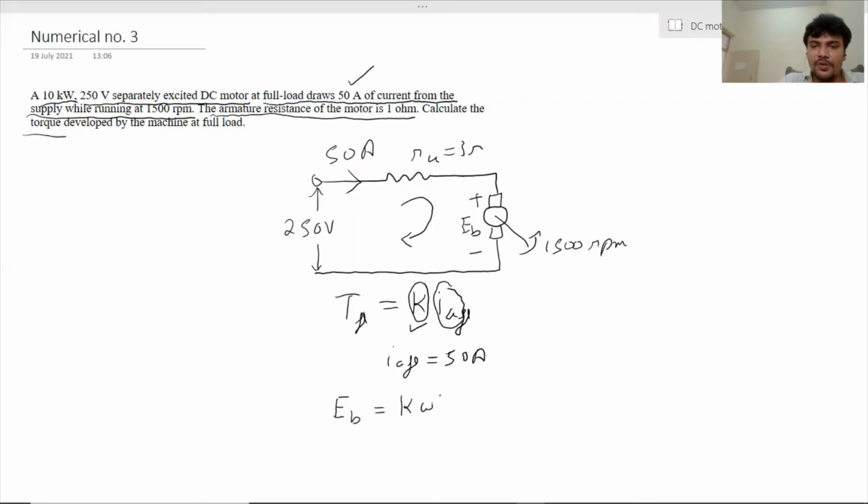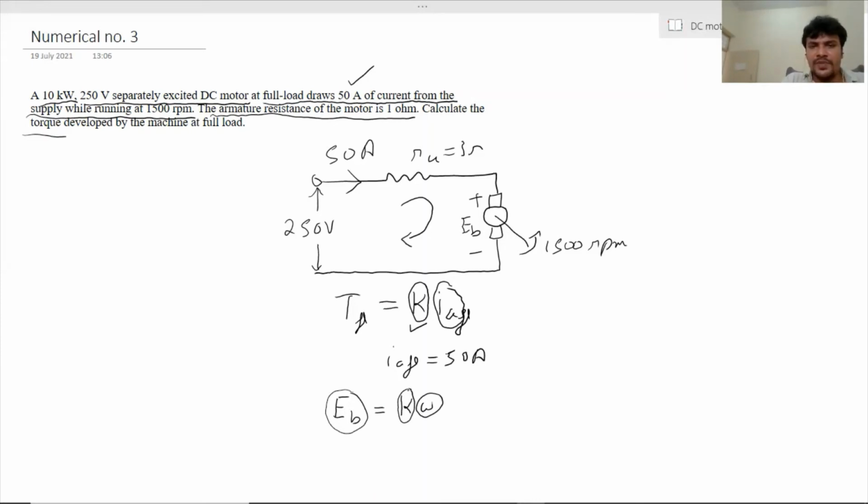Omega we already know, that the full load speed is 1500 rpm. We will convert that 1500 rpm to radian per second, and EB we can find from KVL, so we can find K. K we will put in the equation and find the full load torque. So let us just hurry up and do it.